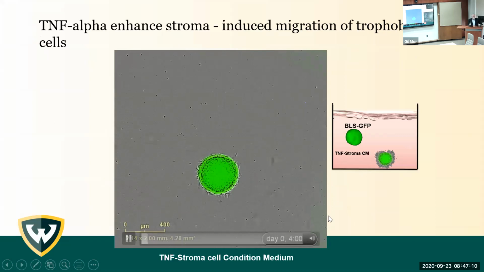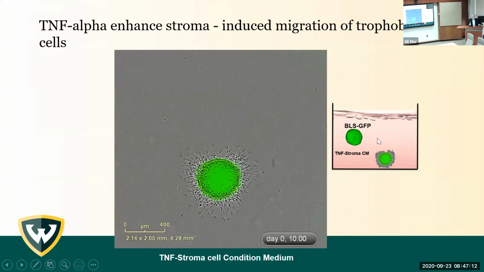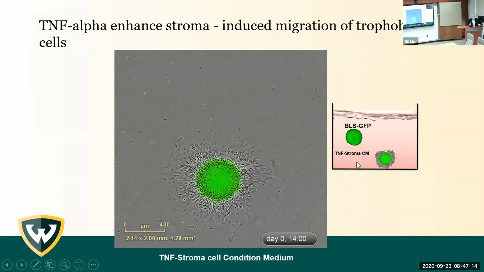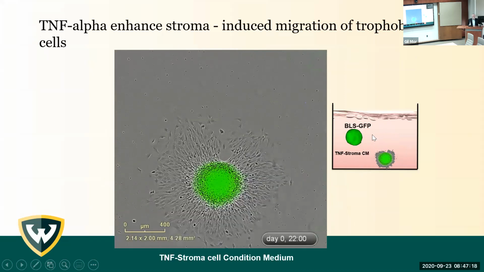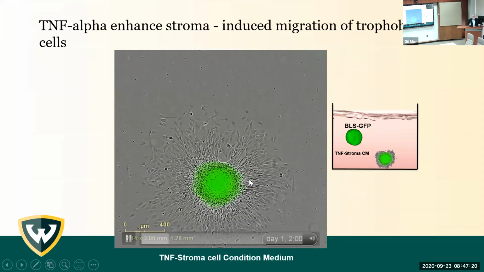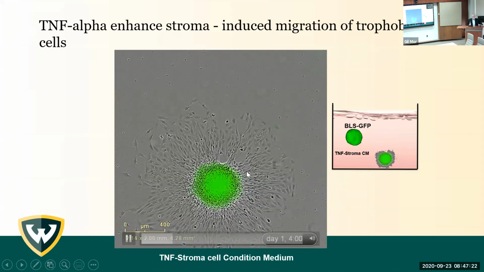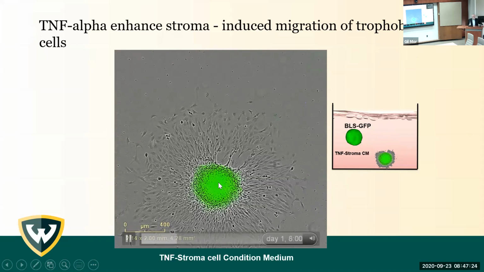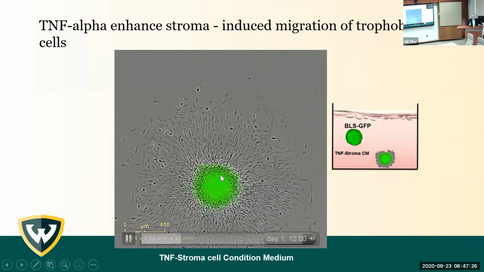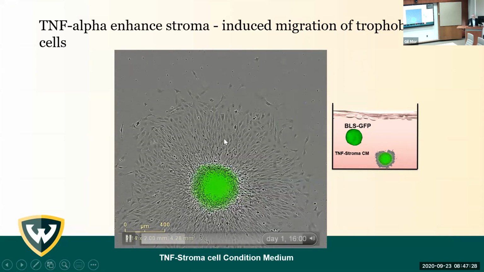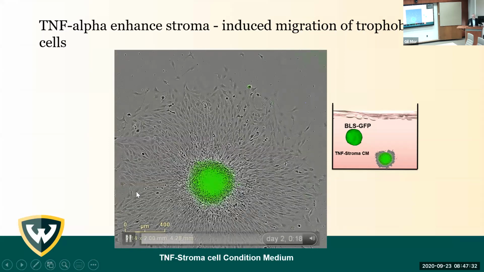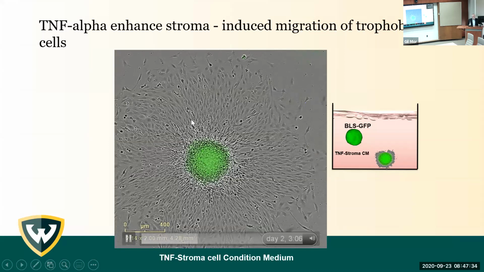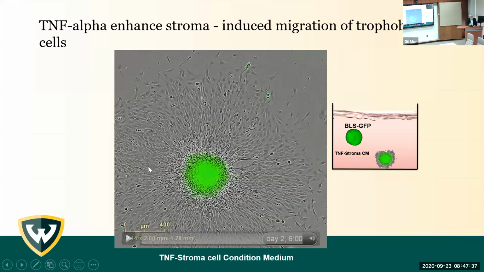So we tested that. We took conditioned media from TNF alpha treated stroma cells, and we put our blastocyst-like structure in this conditioned media. As you can see in this video, these blastocysts attach to the plate, and in a nicely regulated way, they start migrating outside of the blastocyst, and they're covering the whole plate. Let me show you back again.